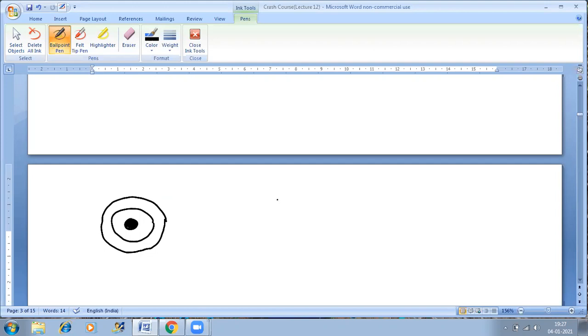That means the nuclear pull or the nuclear charge refers to the attraction between the nucleus and the electrons. So if I say that the nuclear pull is more, that means the electrons are effectively attracted towards the nucleus.